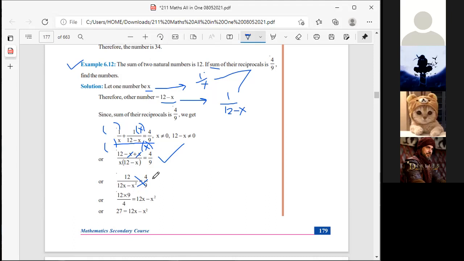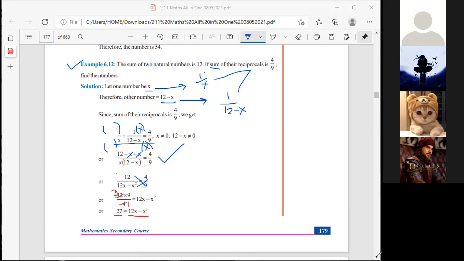Understood, ma'am. So 12 nines are 108, divided by 4, when we calculate it, 4 threes are 12, 3 nines are 27, and we get this.